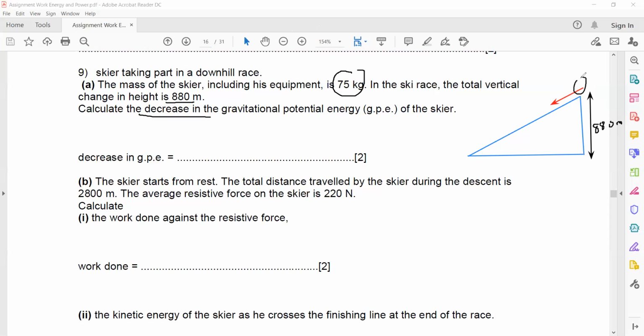So the mass of the skier is 75 and he's coming down to the ground. To calculate the decrease in potential energy, it's mgh: mass multiplied by gravity multiplied by height.